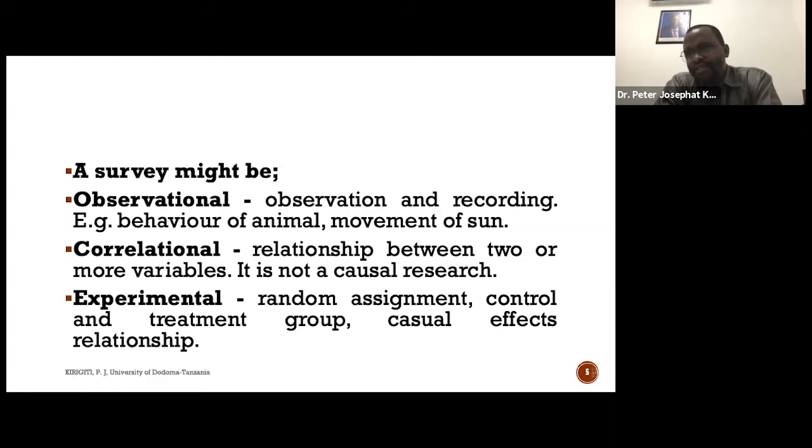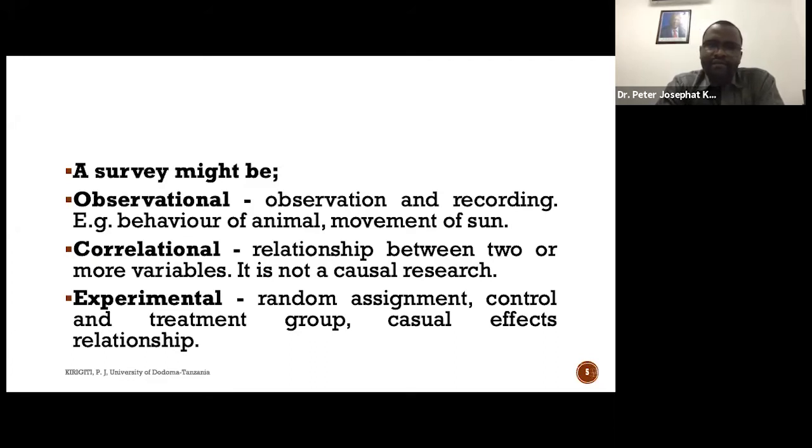For instance, if you want to understand the life of an elephant, how are you going to collect information from an elephant? Or the sun, the movement of the sun. So basically, we'll go for the observational survey because it is very difficult to have any interaction with the respondents.